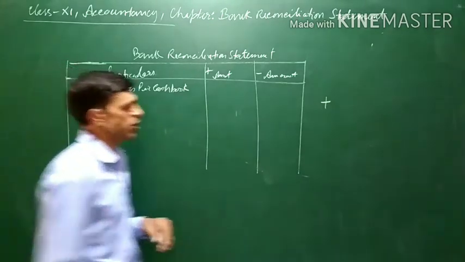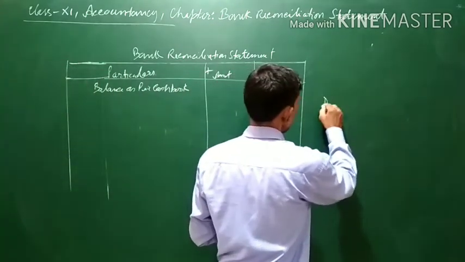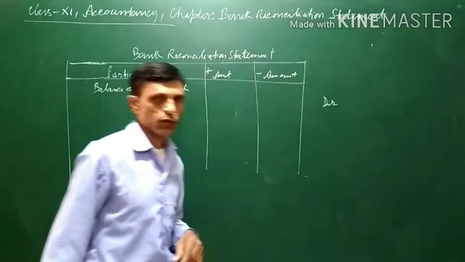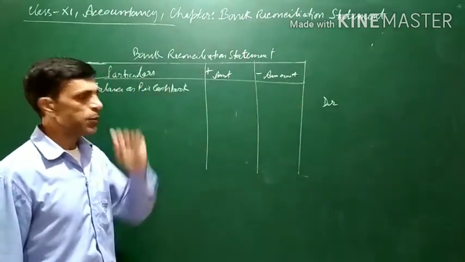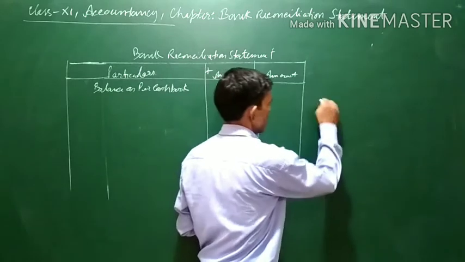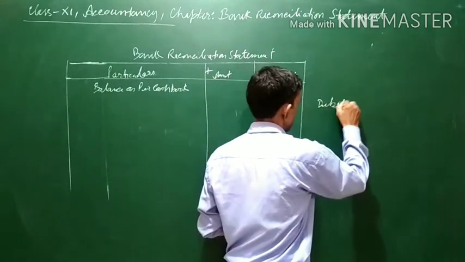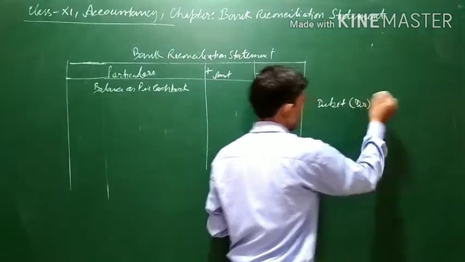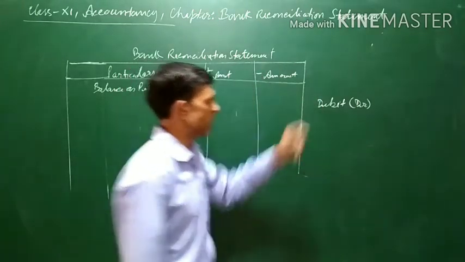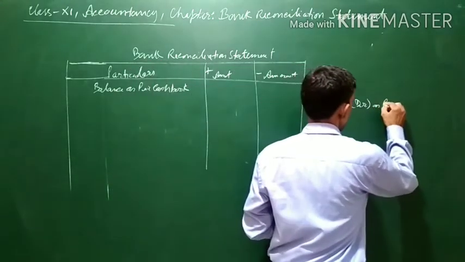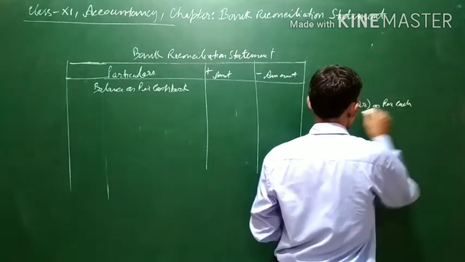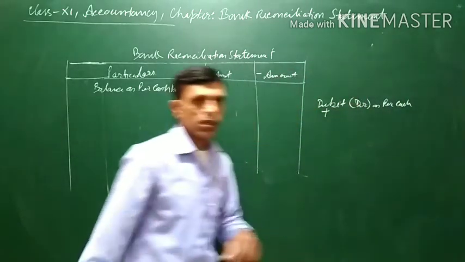If it is given as debit balance as per cash book, the short form of debit is DR also.